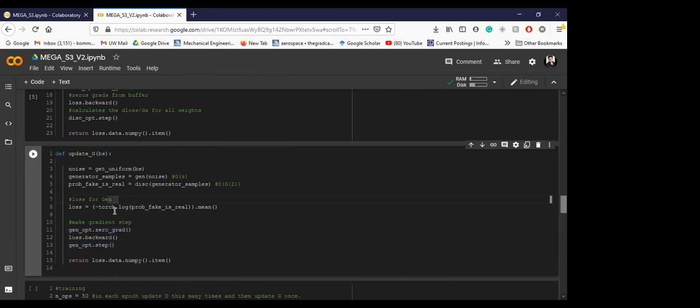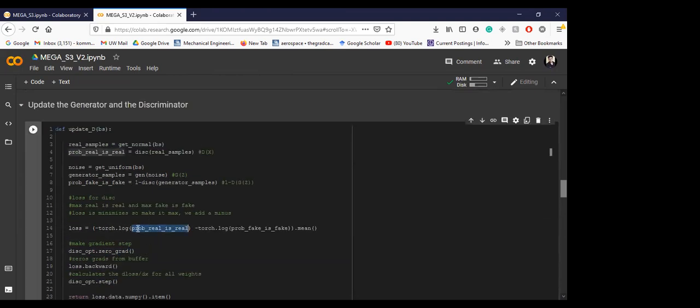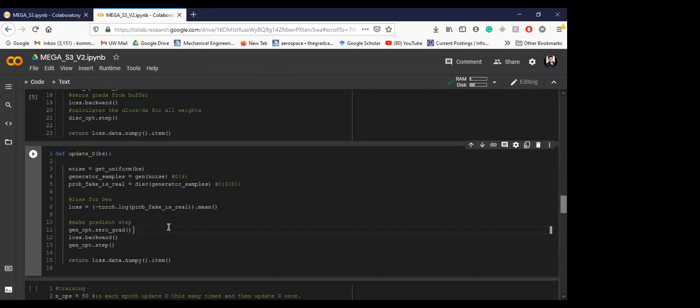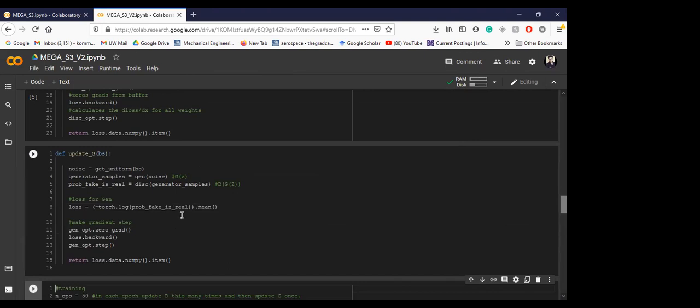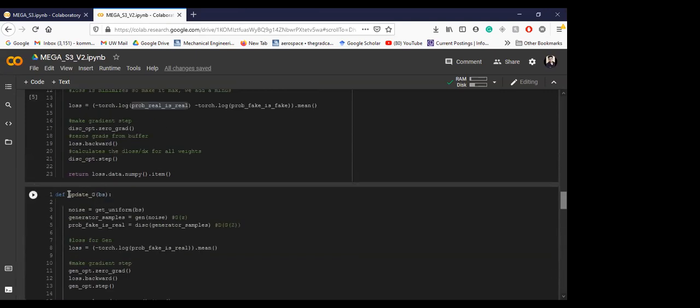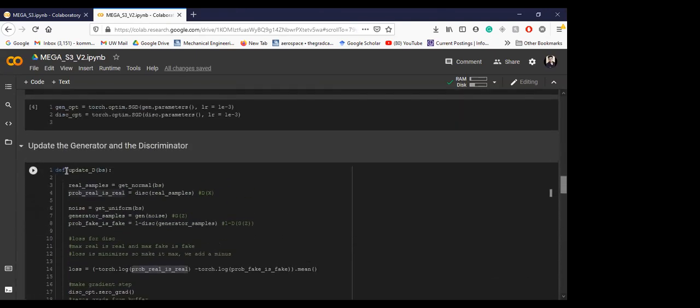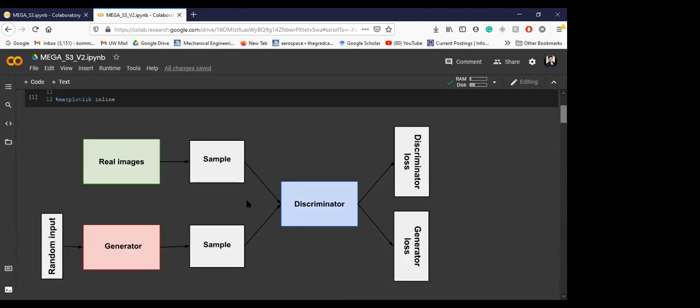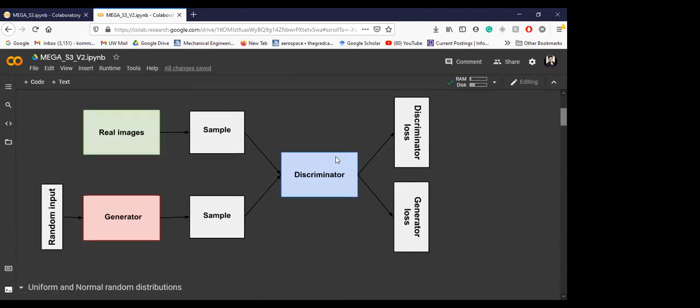So we have a generator loss and we also have a discriminator loss. And we have these modules which basically update the generator and the discriminator. So now we have the modules to update the generator and the discriminator. Let's go back to our blueprint.